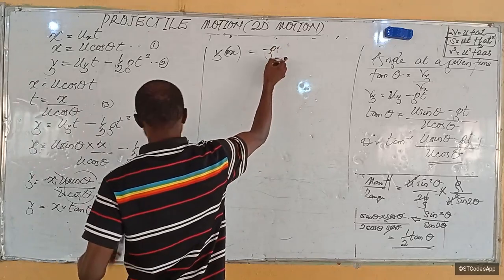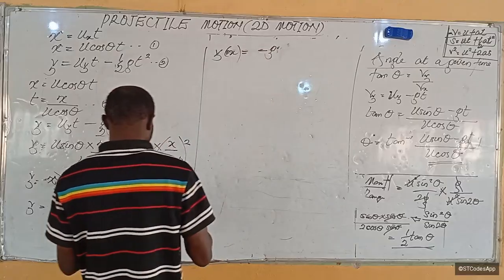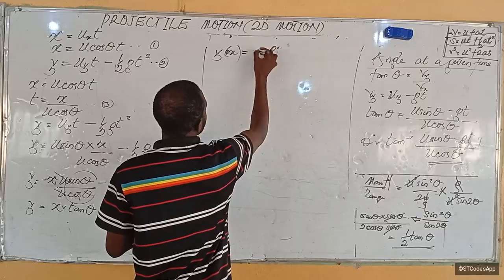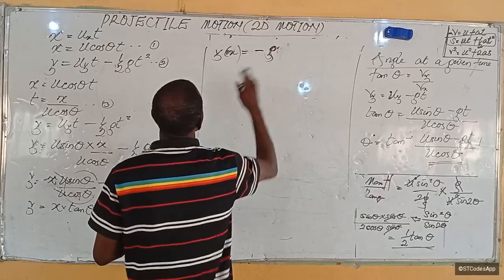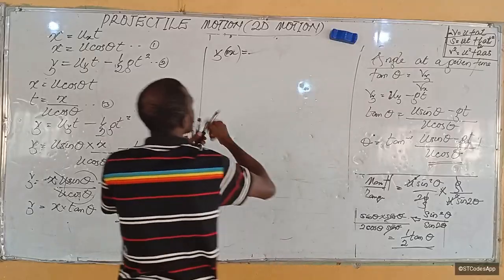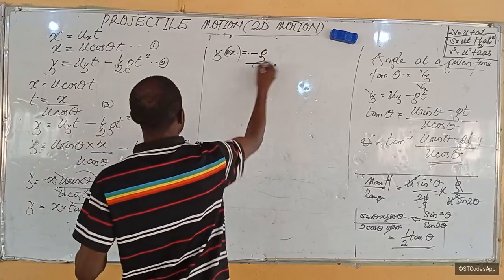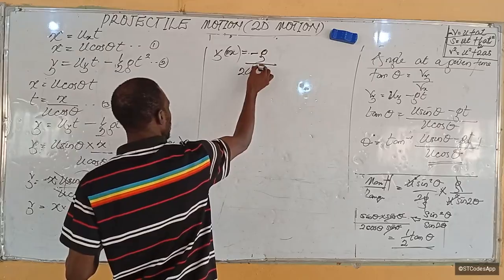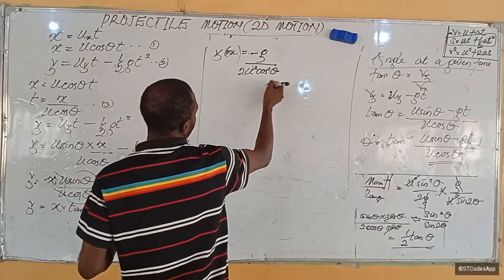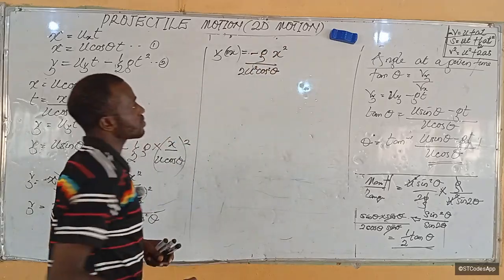Let me write the coefficient first. It becomes minus g over 2u squared cos squared theta, all of this times x squared.